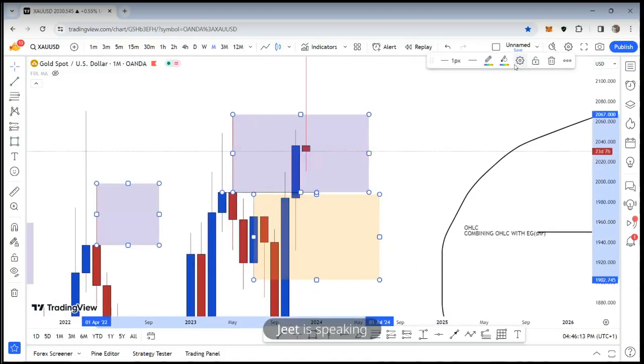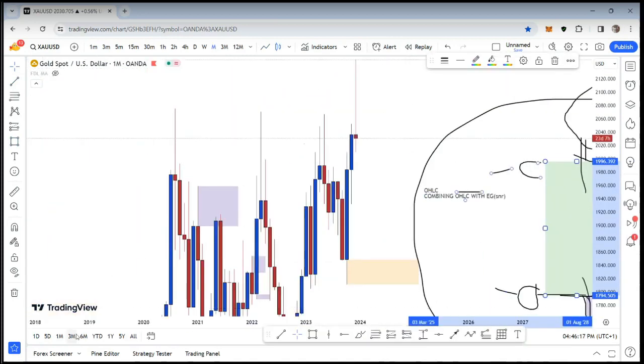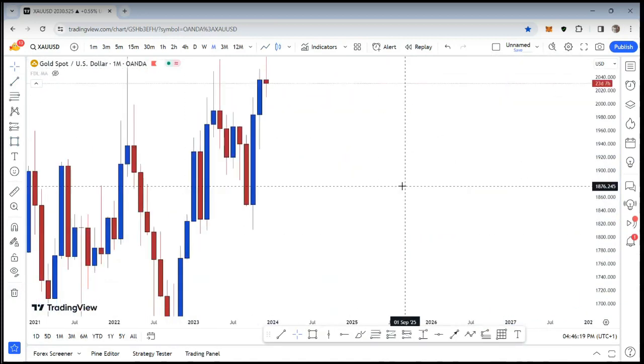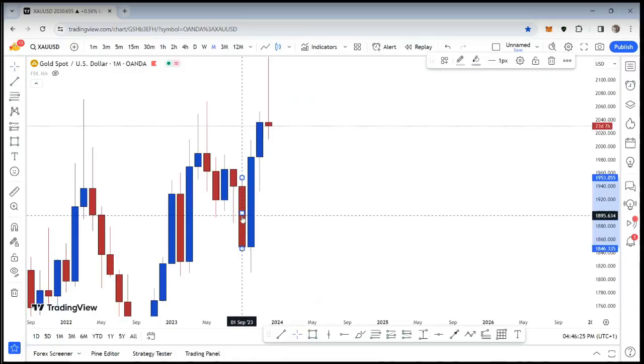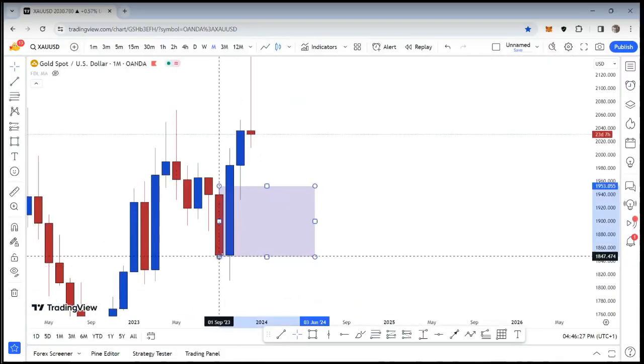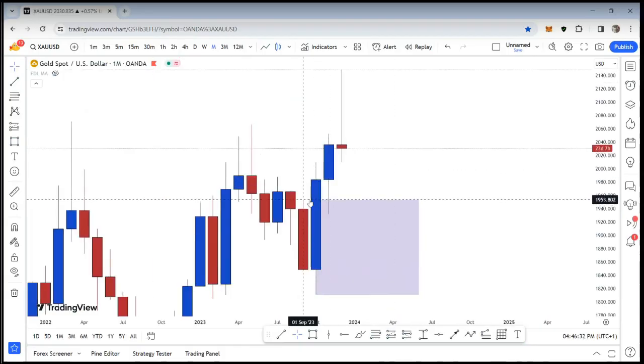So when I'm combining engulfing and resistance as a whole, I'm not drawing this. I am drawing this. Does it make sense?